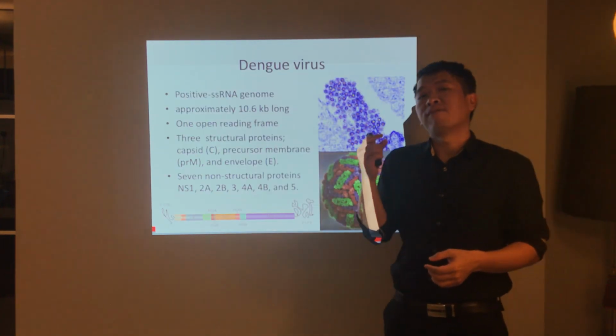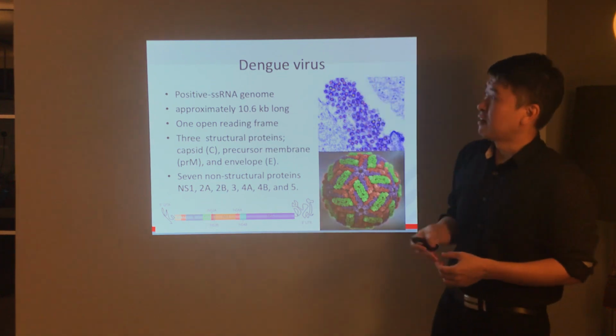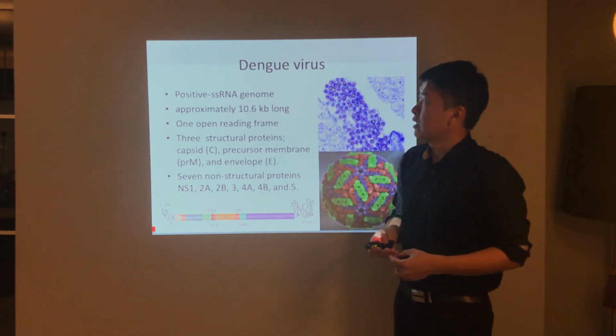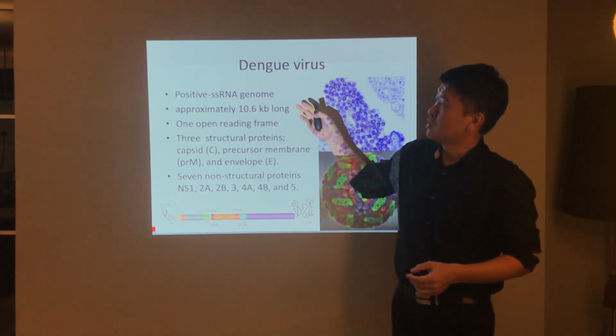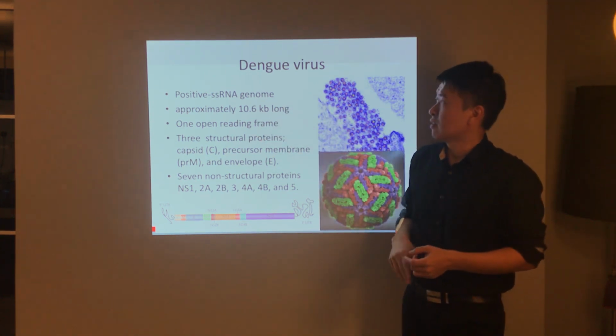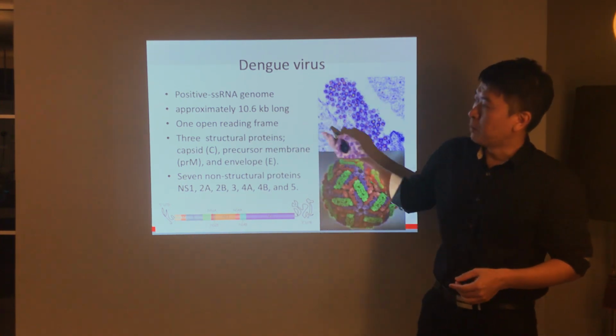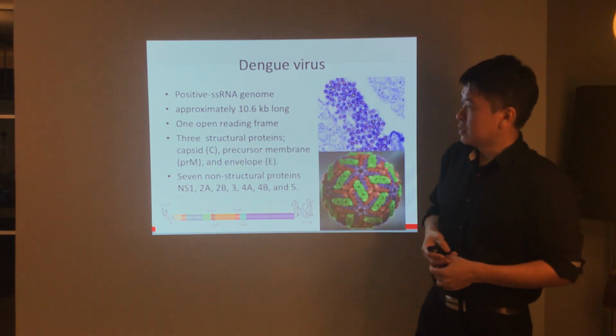Right, let's look at the virus that causes dengue, the dengue virus. Dengue virus is a positive sense single-stranded RNA virus that has a genome of about 10,600 bases, with 1 open reading frame, the one that we mentioned earlier.